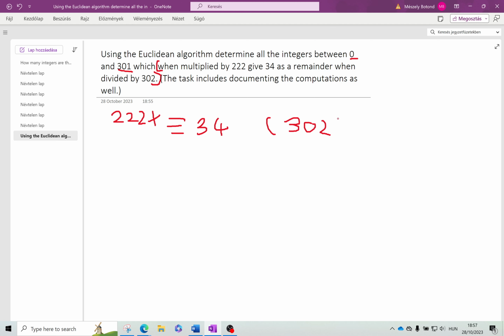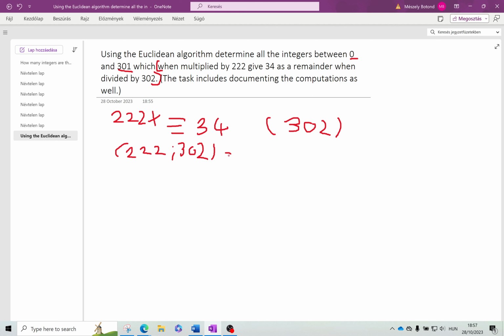So when using the Euclidean algorithm, first you need to calculate 222 and 302's largest common divisor, because then if you have it, you have to divide the whole equation with it.